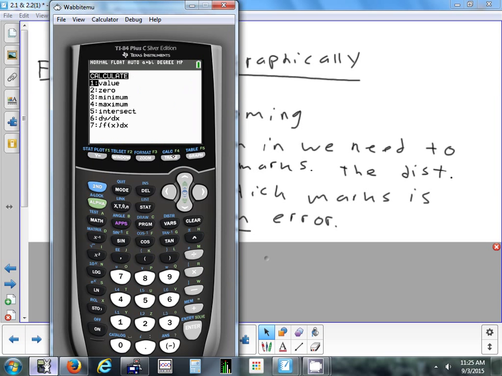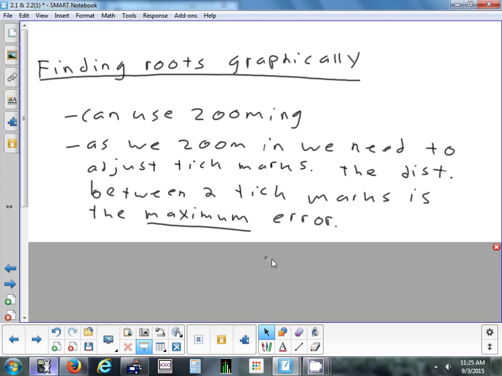Because now we have this second calc feature. Finds it automatically. All right? So in the book, when they say find a root with a maximum error of 0.01, that basically just means round it to the nearest hundredth. A lot of people get confused by those directions. So find the root with a maximum error of 0.01 just means round to the nearest hundredth.